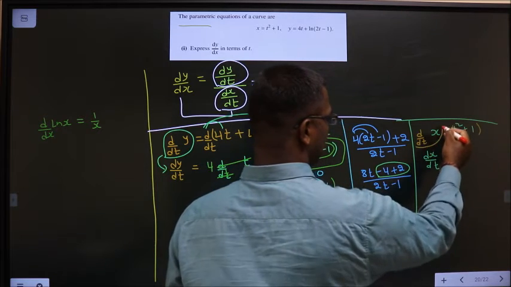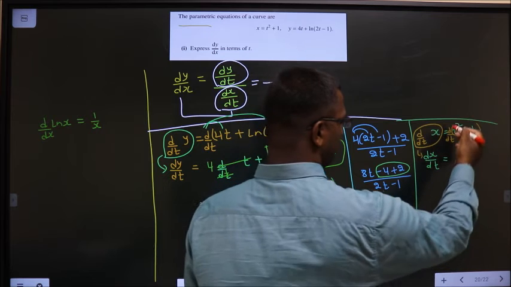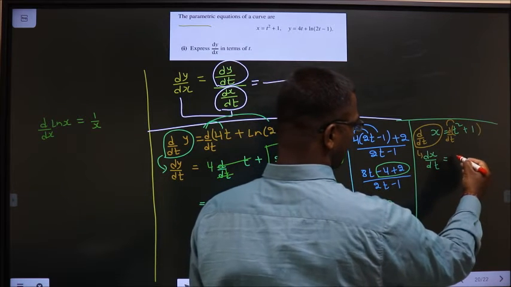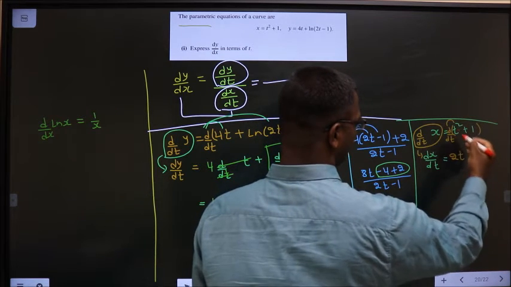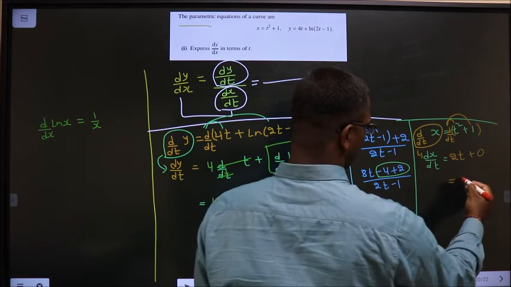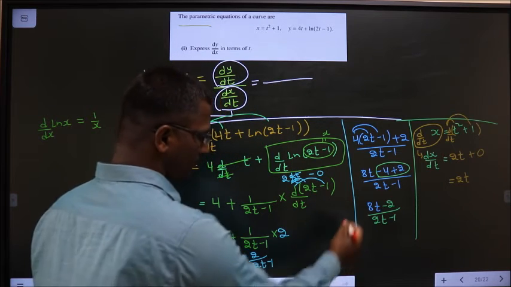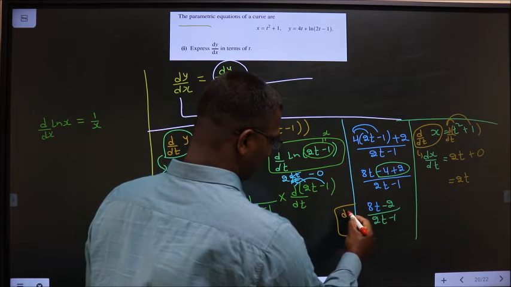So here dx by dt will remain, it will not undergo any change. Over here, apply this onto t squared, you will get 2t. Apply this onto 1, you get 0. Thus dx by dt we got to be 2t. And this was dy by dt.